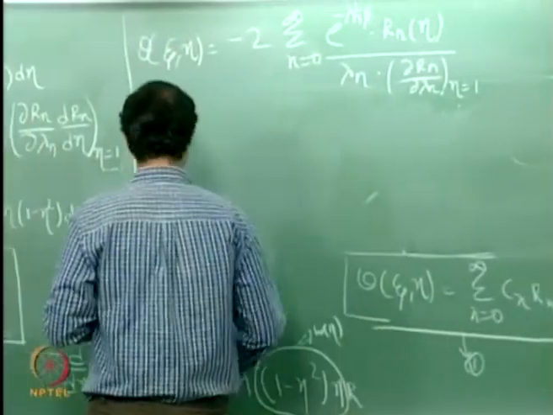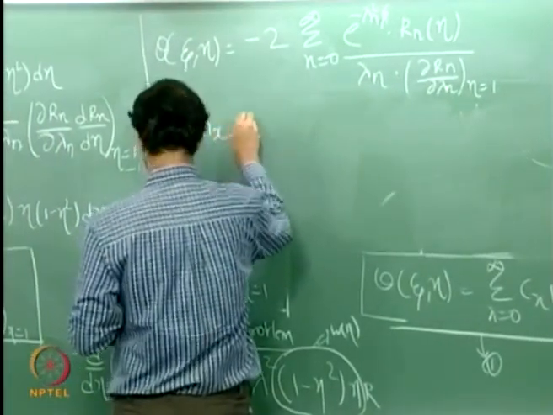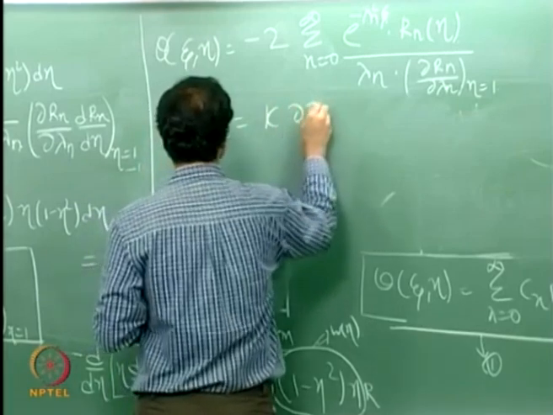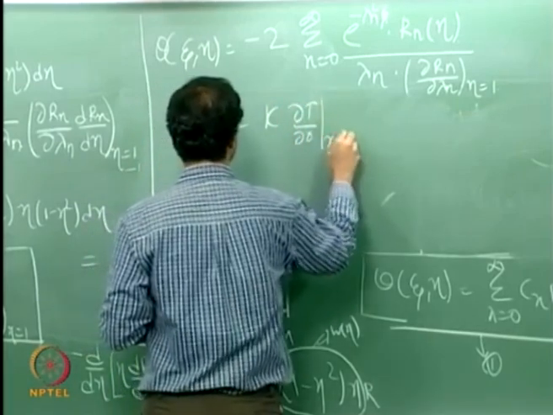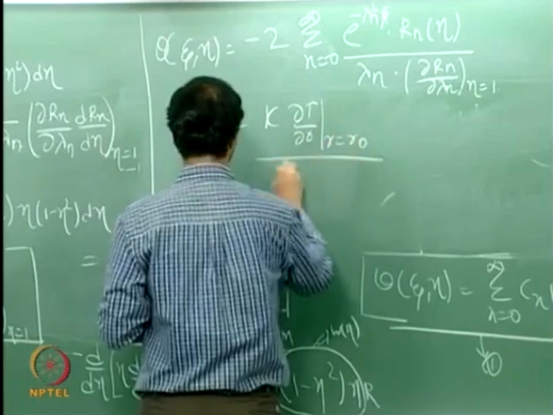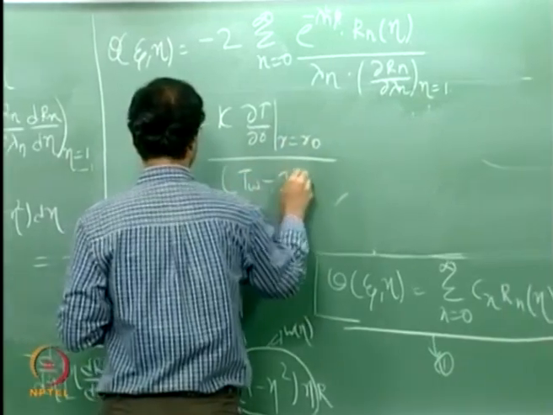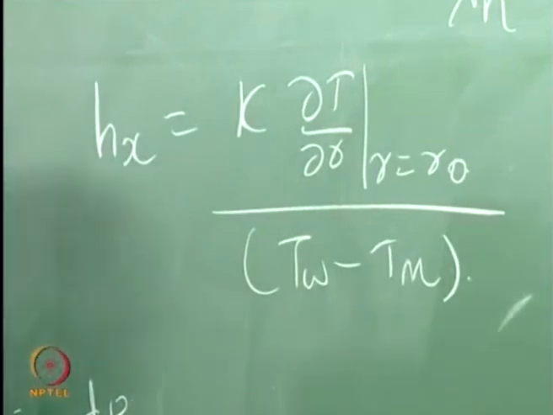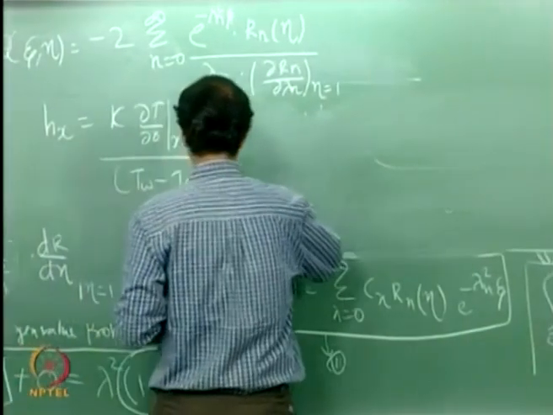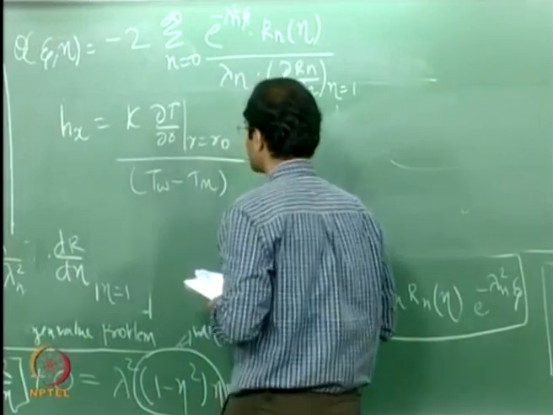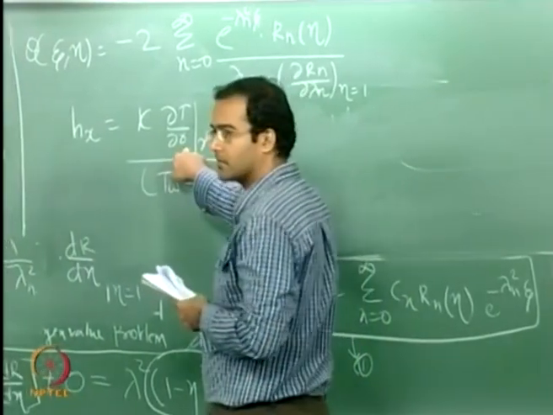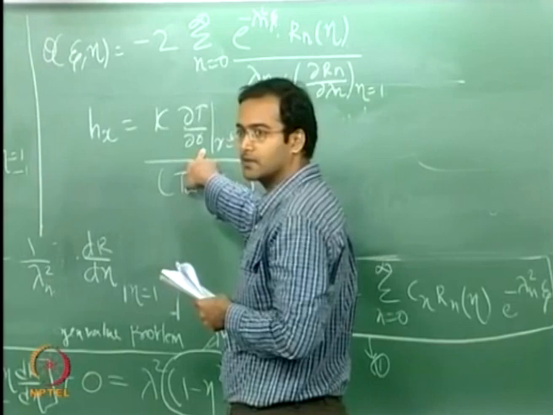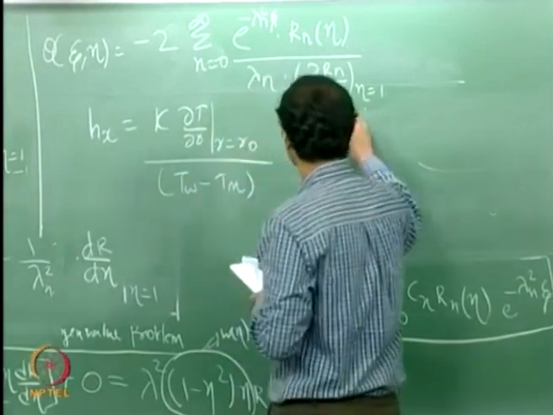Now I will define my local heat transfer coefficient as k dT by dr at r equal to r naught divided by T wall minus T mean. This is my definition of local h, and I substitute the temperatures in terms of theta and everything in terms of the non-dimensional radial coordinate eta.